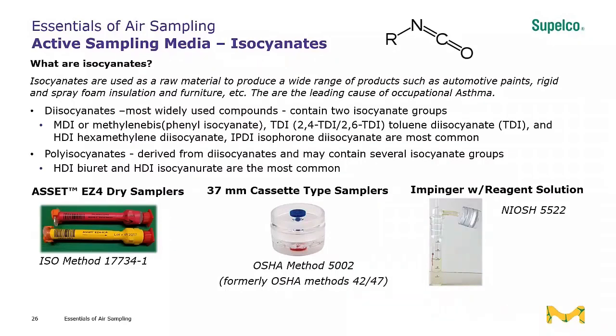And then there's another device called an impinger with reagent solution, which is a glass vial with a special head on it that sometimes has a particle cassette connected to it, and it uses a liquid reagent inside to collect and quickly derivatize the isocyanate compounds.